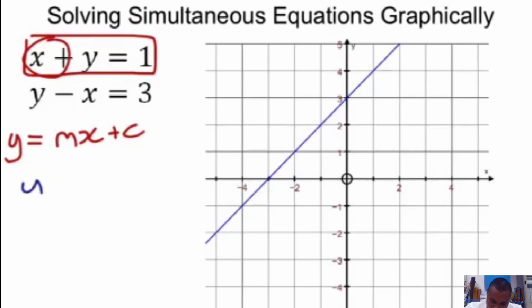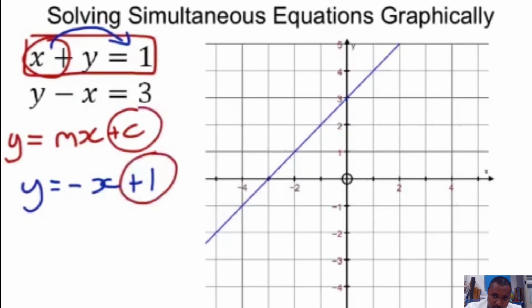So we're going to get y equals minus x, because when we subtract the x to get it to the other side we get minus x, plus 1. Once again, our c is plus 1, so this time it's going to go through that point there, and our m is minus 1. So this means it's going to be sloping the other way.